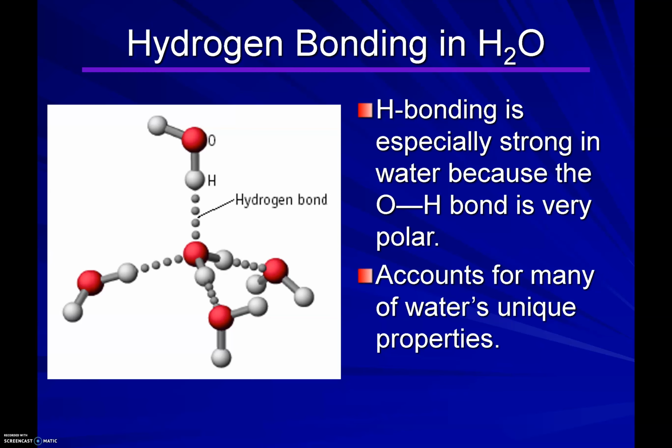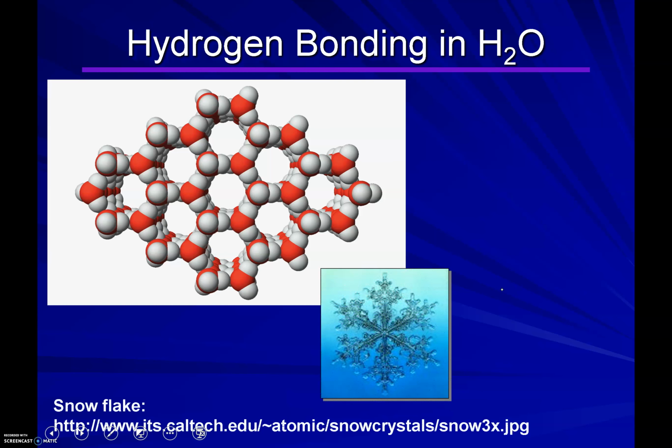Hydrogen bonding is responsible for a lot of different things and many unique properties of water. This is why we keep on using water to demonstrate hydrogen bonding. The hydrogen bonding in water is extremely strong, and this is because of this bond angle, the lone pairs that exist, and the extreme difference in the electronegativity of oxygen and hydrogen, and it's responsible for so many things.